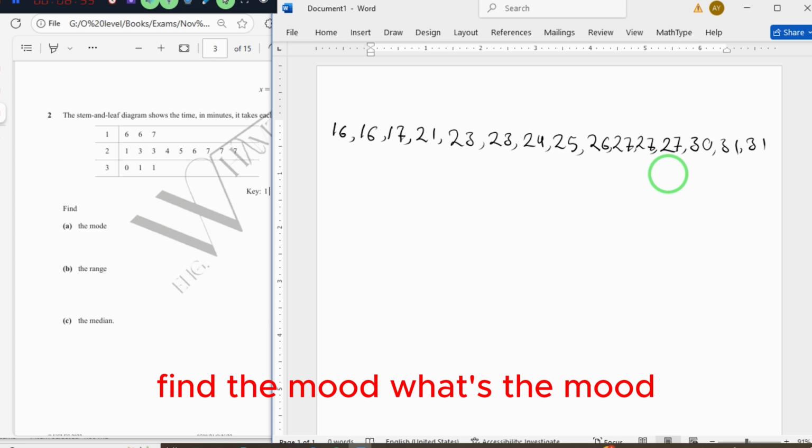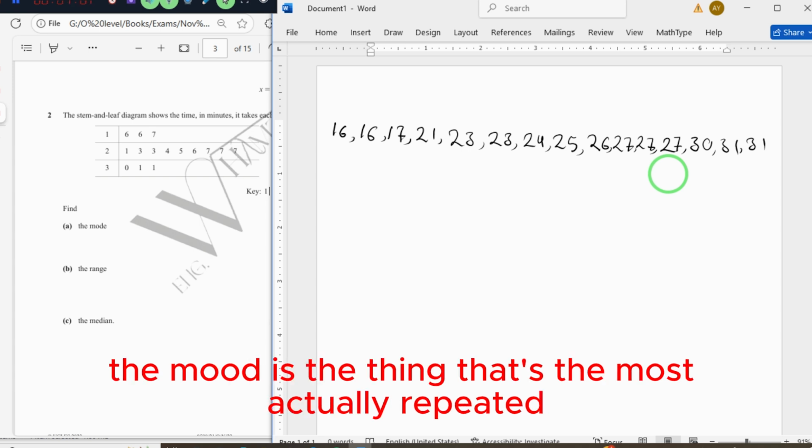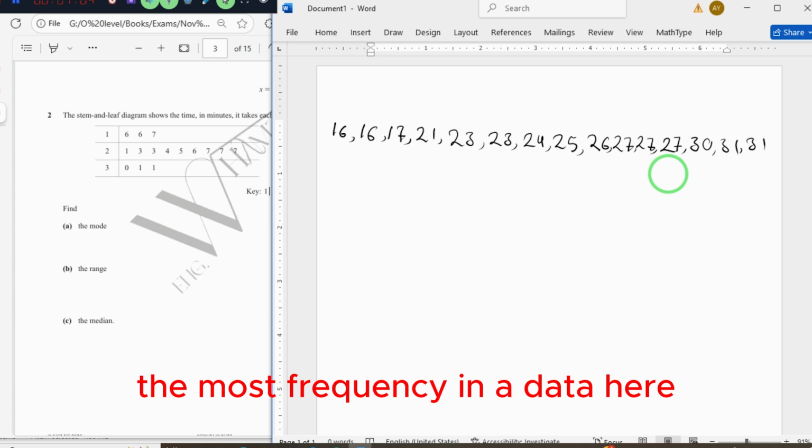Find the mode. The mode is the value that is repeated most, the one with the highest frequency in the data.